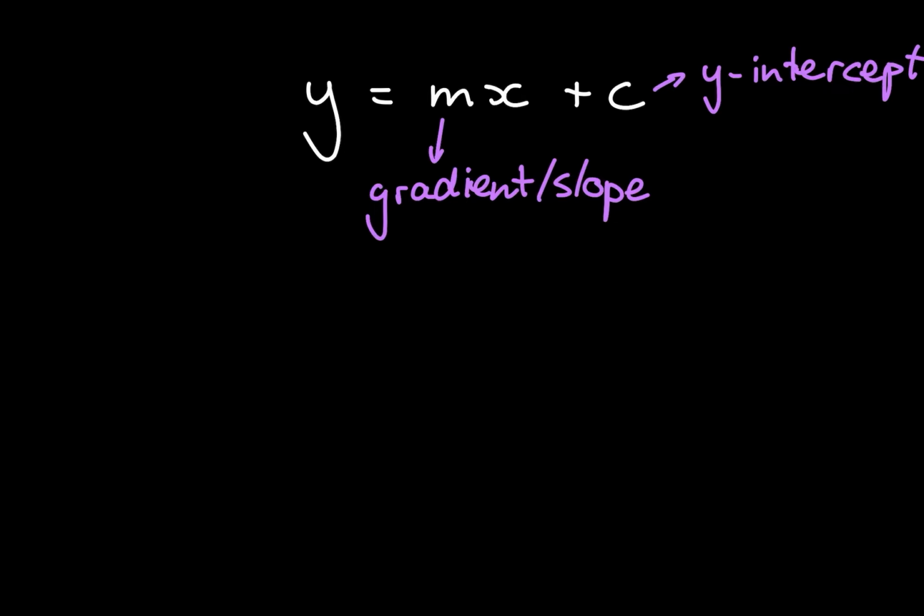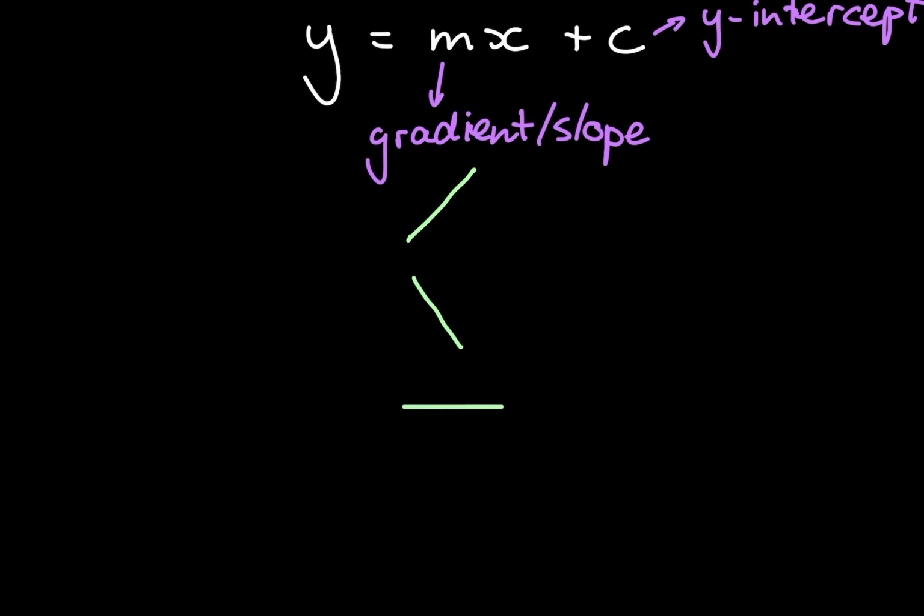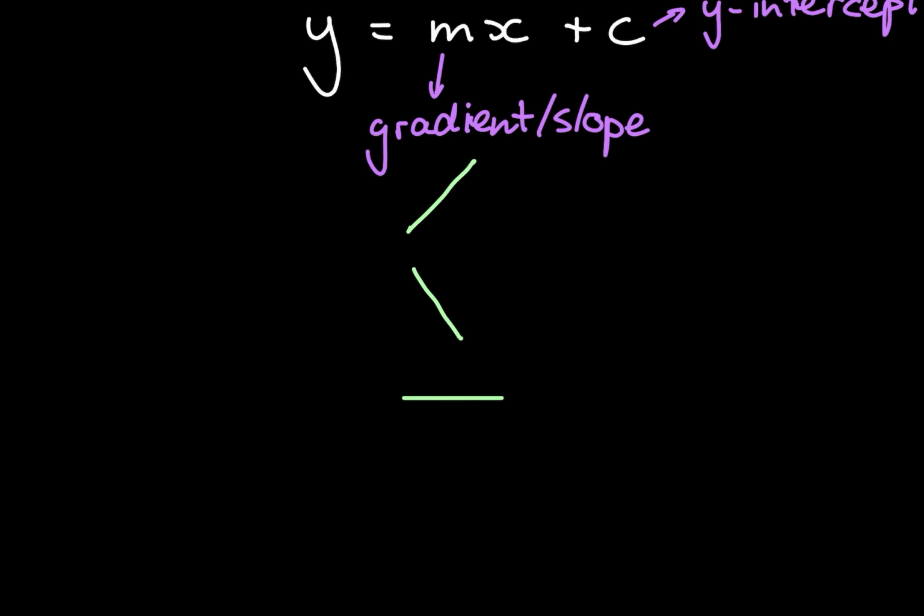Now your gradient can be positive, where you have an upward sloped line. It can be negative. It can be 0, where your line is horizontal, or it can be undefined, where your line is vertical. And I'll get to those two in a moment.